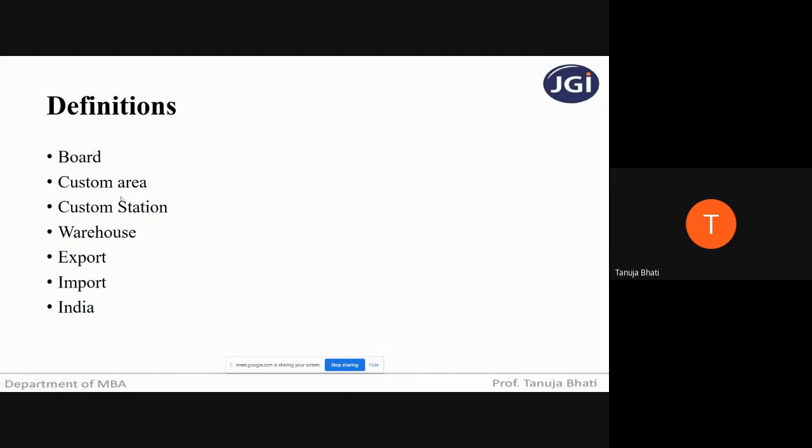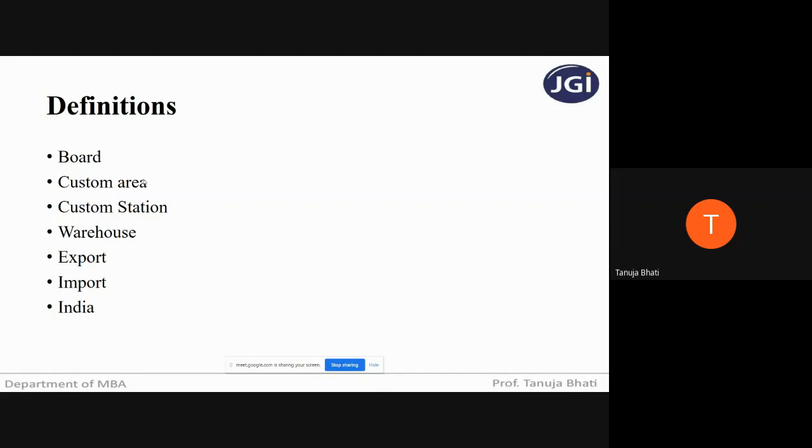Next, customs area. When I come across the word customs area, it is an area of a customs station or a warehouse. It includes any area in which the imported goods or export goods are kept before clearance by the customs authorities.